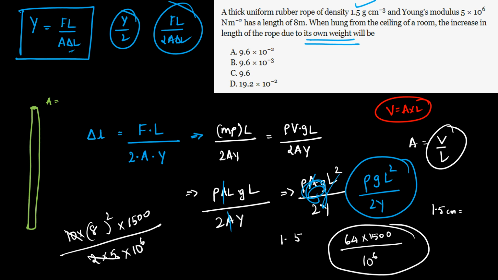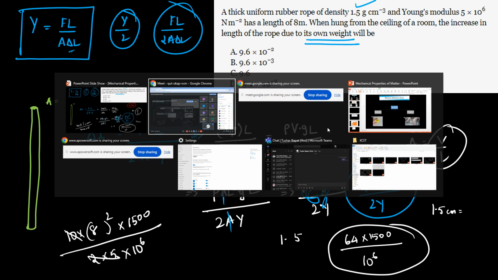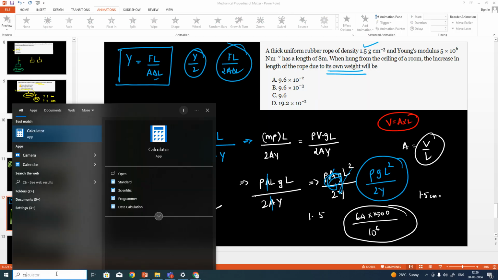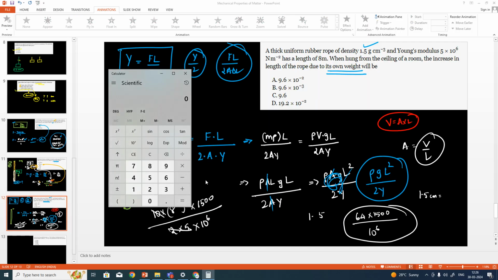Check what is this answer. If I have a calculator, I will check over here. 64, 15 is 96. So 960. Wait, or I will do it this way. What are the options?